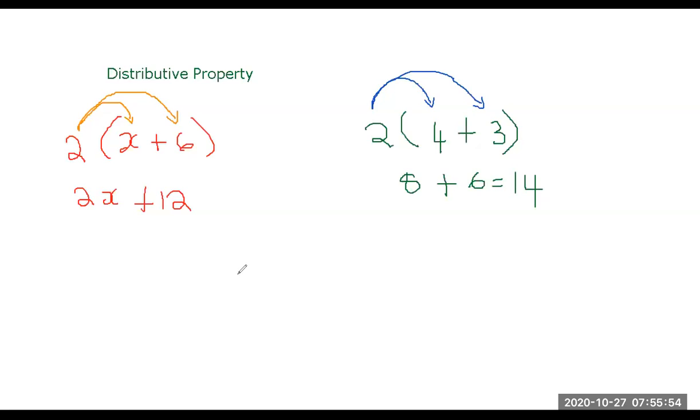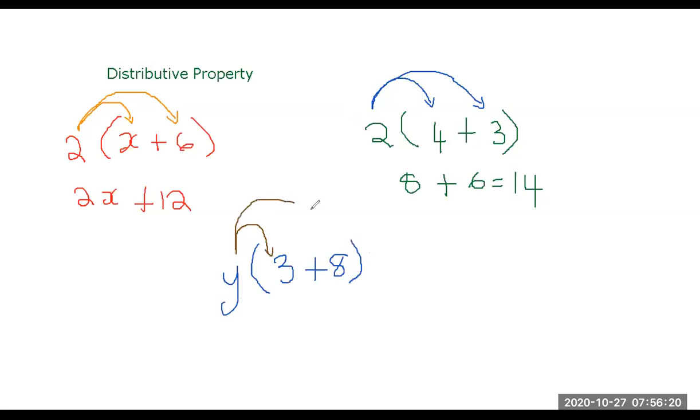So, y times (3 + 8). If I'm doing the distributive property, I have to multiply each term on the outside by each term on the inside.